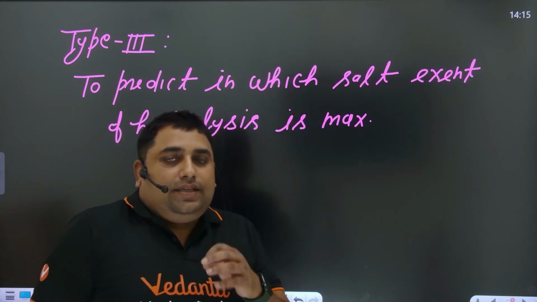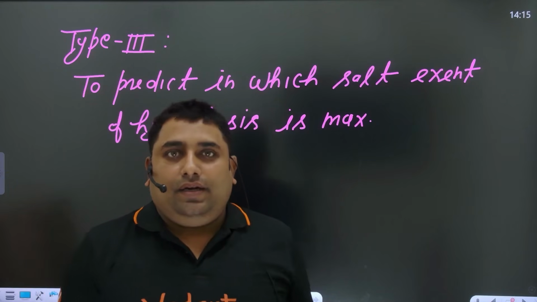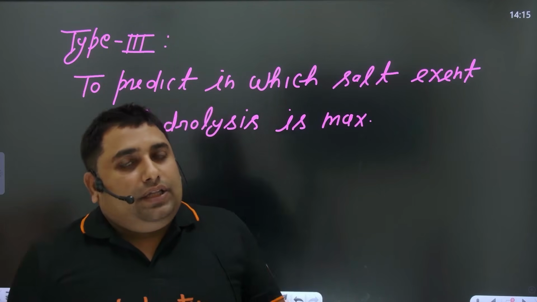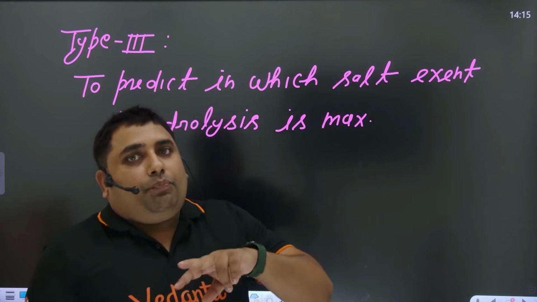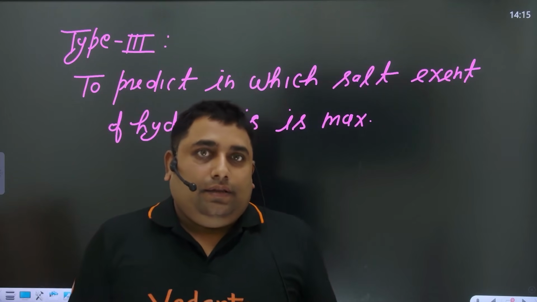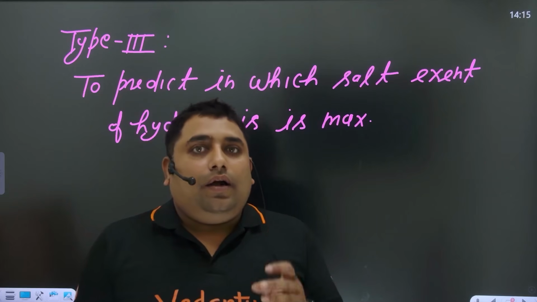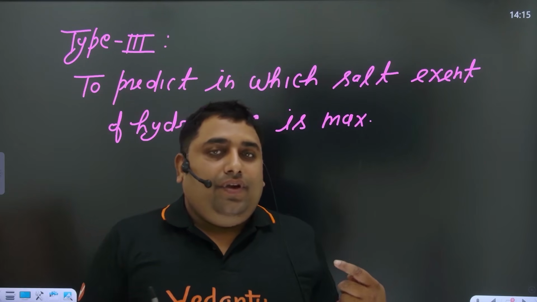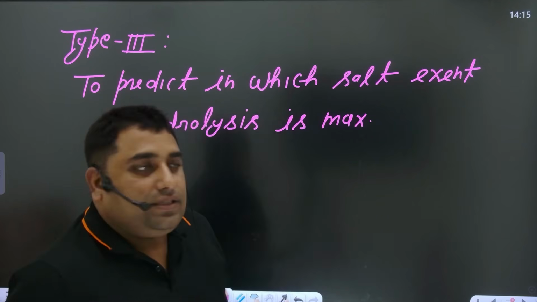To answer this type of question, you simply apply one condition. In the given salts, you have to check in which salt both parts undergo the hydrolysis, cationic as well as anionic. The salt in which both parts undergo hydrolysis, in that salt we can say extent of hydrolysis is maximum.